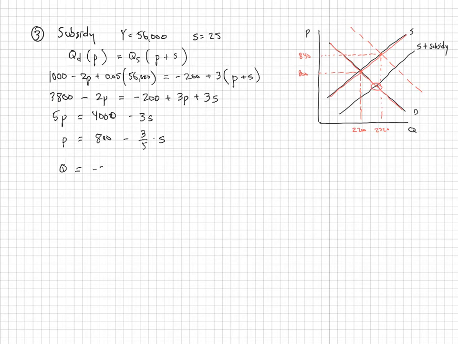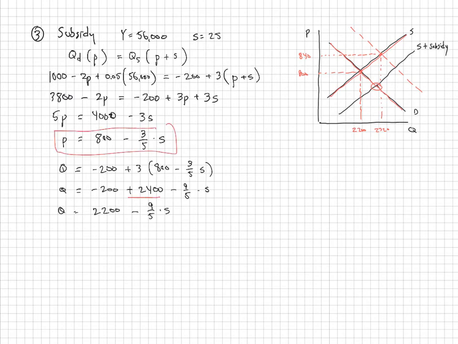If I plug that into our supply function, we get that the quantity is equal to 2,200 minus 9/5 S. And of course we can see here that if S was equal to 0, then our equilibrium would be 800 price, 2,200 for quantity, but the subsidy is not equal to 0.